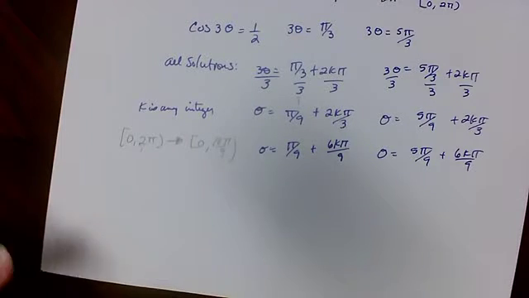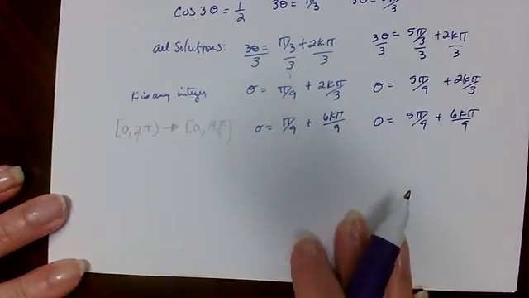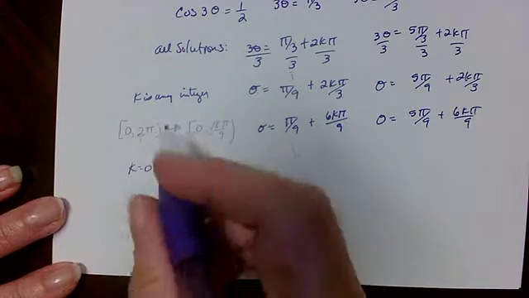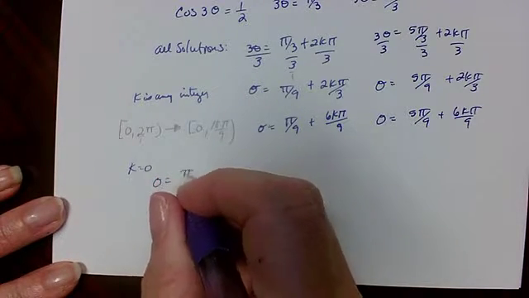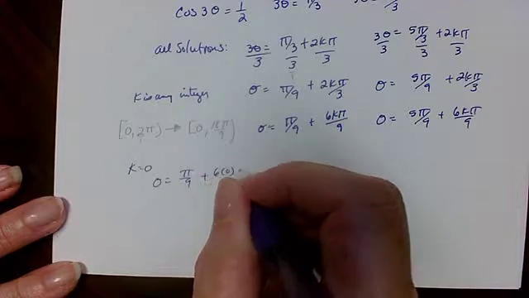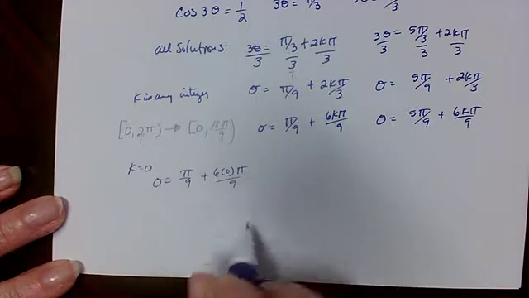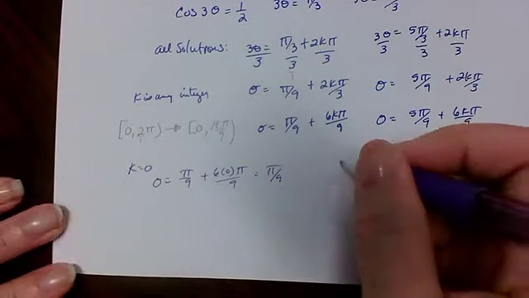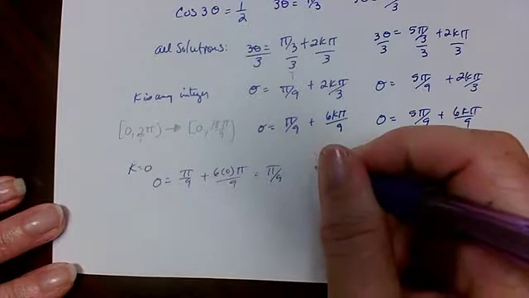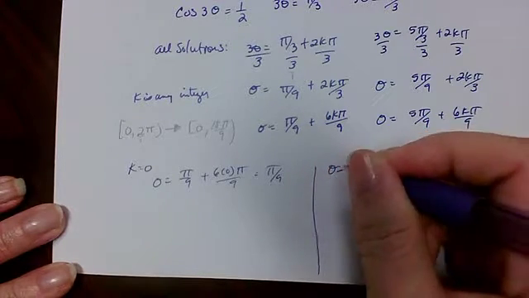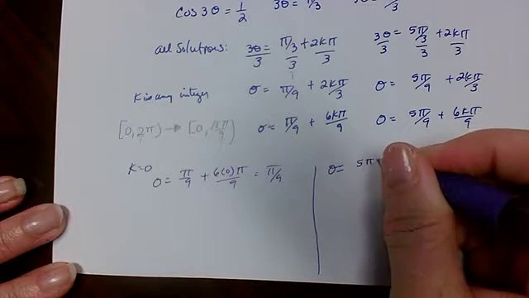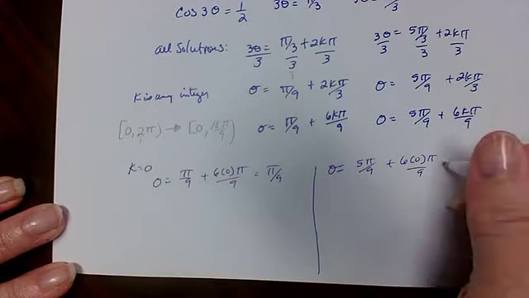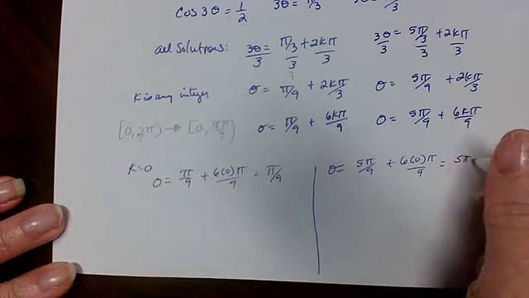All right, so the first thing we need to do is select values for k. So on the first one, we're going to do k is equal to 0. So we've got theta is equal to pi over 9 plus 6 times 0 times pi over 9. Well, anything times 0 goes away. So this is just going to get us pi over 9. The second one, we're going to get theta is equal to 5 pi over 9 plus 6 times 0 pi over 9. Again, that's 0, so it's going to go away, and we will end up with 5 pi over 9.